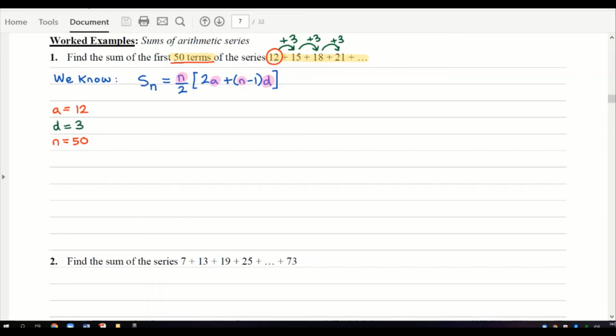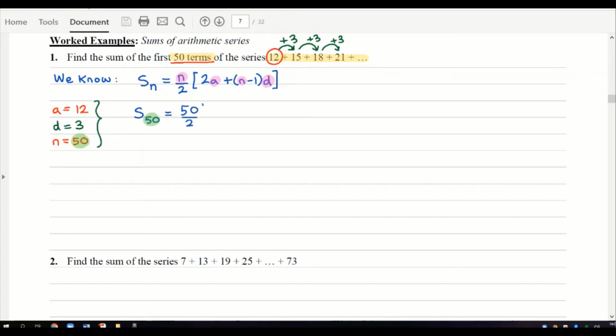All right, so we've got all the information we need. We just substitute this information into the formula. So it's the sum of the first 50 terms, so it's S50. Just to reiterate, we're summing the first 50 terms. Let's sub in all the numbers. So that's going to equal n over 2, so that's 50 over 2.